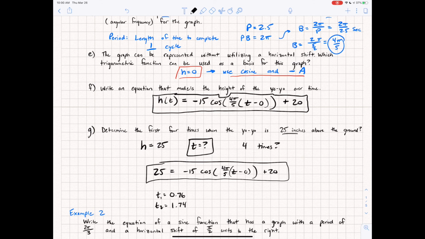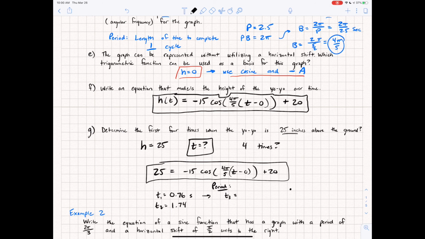Well, remember that we found the period, the time it takes to get back to the same exact spot. So if 0.76 works, then the next one can be found by adding the period to that. Well, the period was 2.5 seconds.